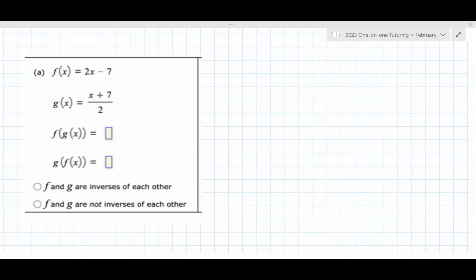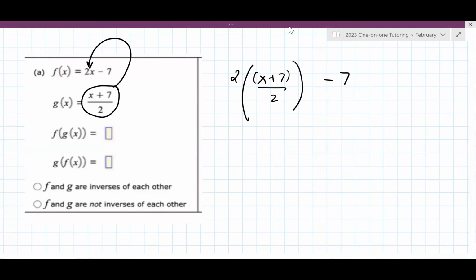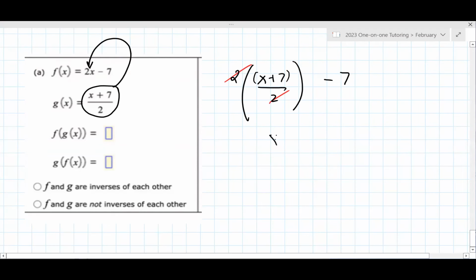All right, so for the other one, you're taking this right here and you're putting it in for x. You can see it now. So it's 2 times x plus 7 divided by 2, minus 7. So the twos actually do cancel. So it's just x plus 7 minus 7, which is x. That's good, but that does not guarantee the other direction.